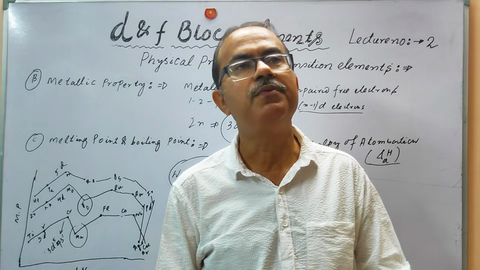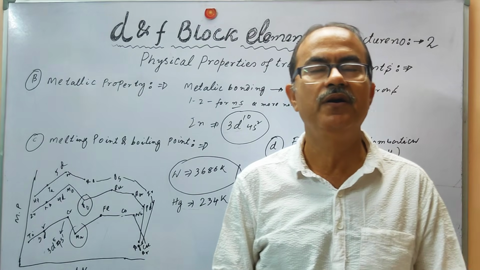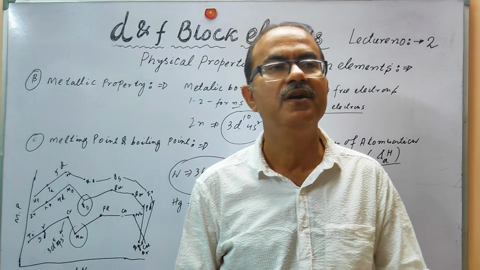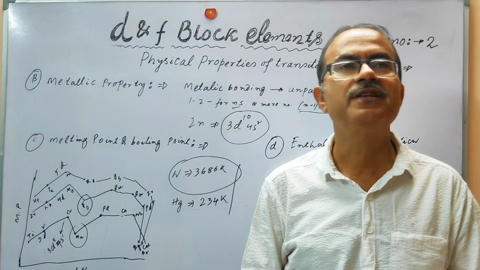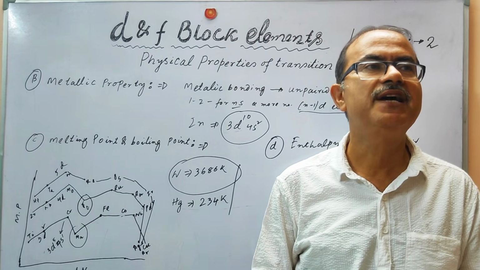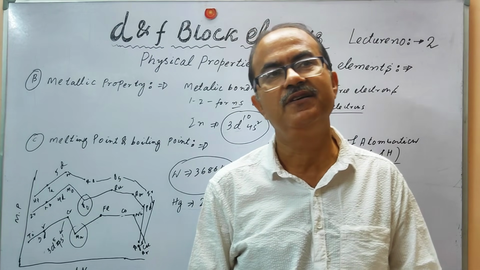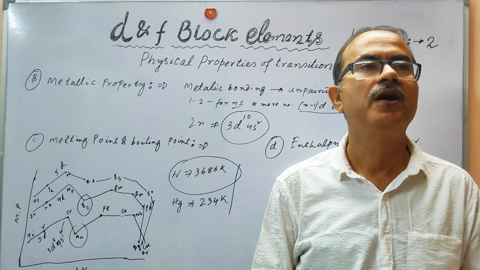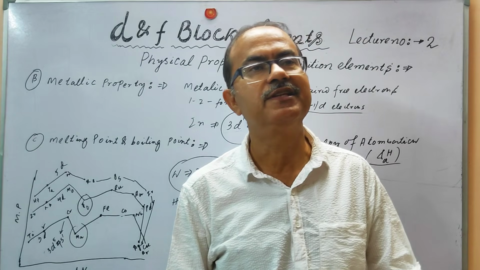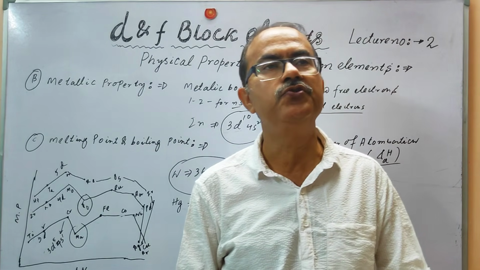This enthalpy of atomization is a very important parameter of the transition elements that will help us understand the electrode potential of these elements. It is a very important property that we are going to discuss in the next lecture, as it gives a very good reducing property.